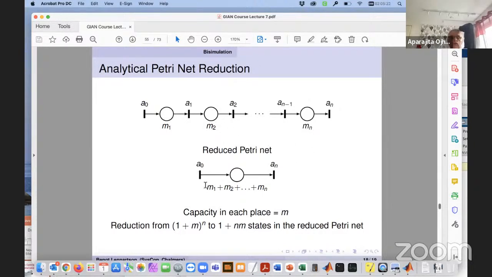This can be reduced to a Petri net with only one place, but with capacity M1 plus M2 until Mn. And this means that I have achieved a reduction in state space of, in principle, M to the power of n, down to nM states. So it's an extreme reduction in this case.